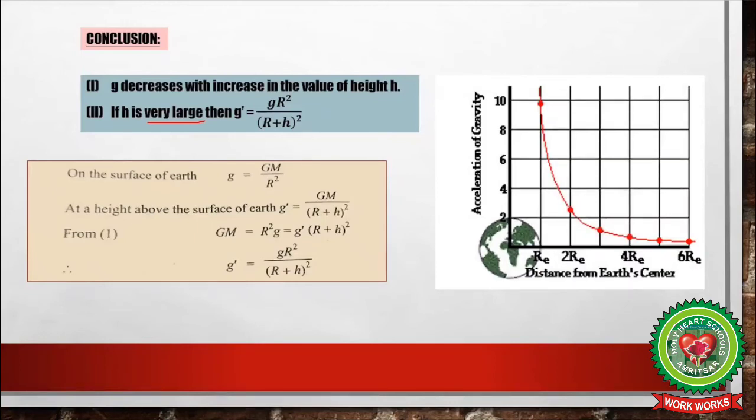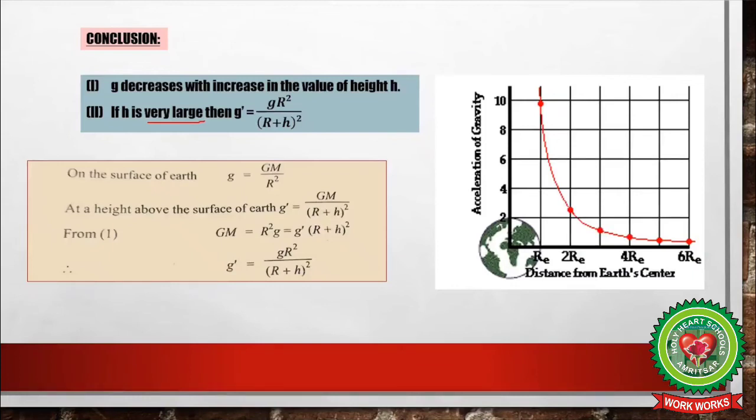So here is one of the important graphs in gravitation: how g varies with altitude. See, this is earth and this is the surface of earth. On the surface of earth, acceleration due to gravity is 9.8 meter per second square, which is approximately equal to 10. As the distance from the surface increases, acceleration due to gravity goes on decreasing, from 10 meter per second square to approximately 0, but it is not equal to 0.